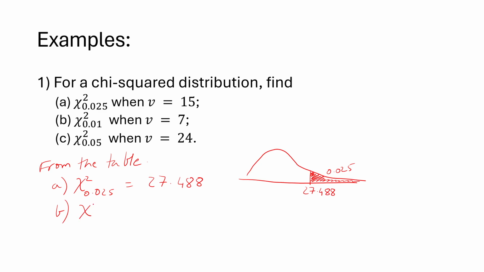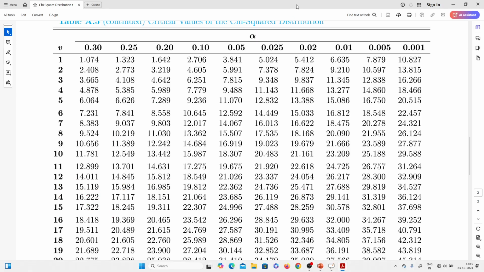So next we have to find out chi-square of 0.01 when degrees of freedom is 7. So 0.01 is this column, the area to the right is 1%, and 7 degrees of freedom is this row.